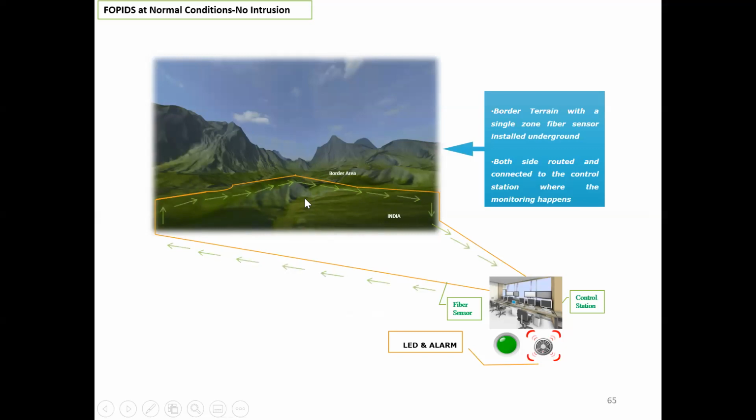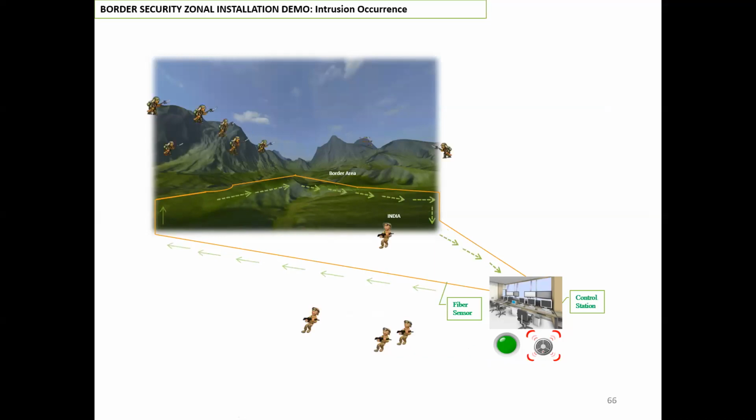If there is any intrusion, light is continuously sent through the underground optical fiber, and we can monitor it in our control room. If any intrusion happens, we immediately get the signal and the point where the intrusion is happening, so somebody can go there and take remedial action.